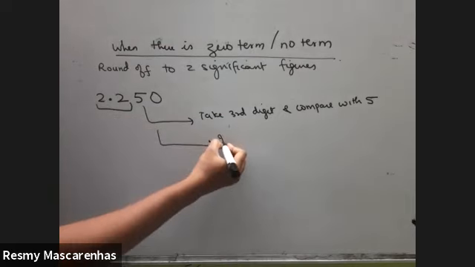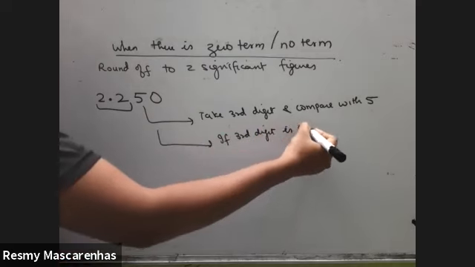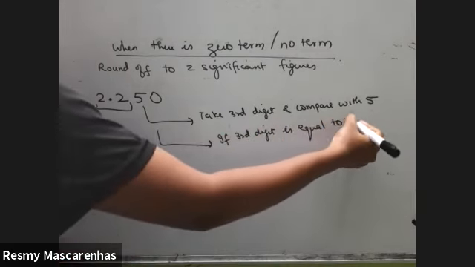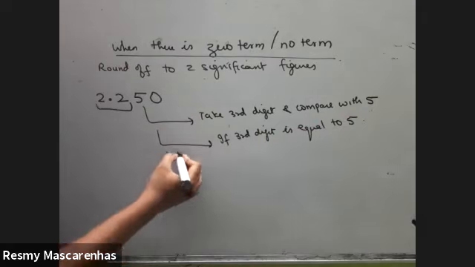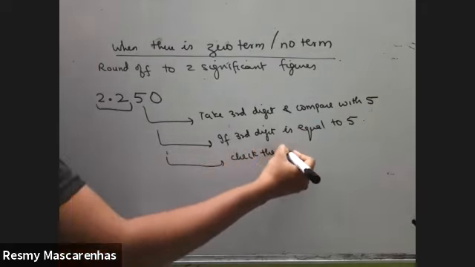Second thing, if the third digit is equal to 5, check the fourth digit.